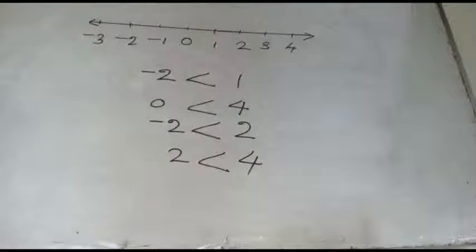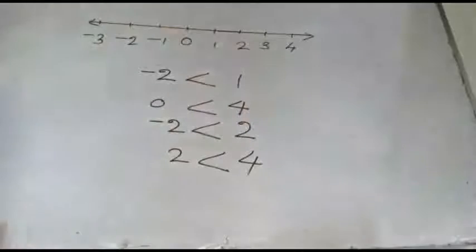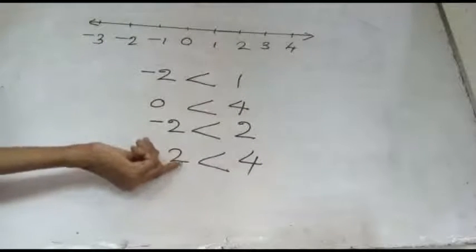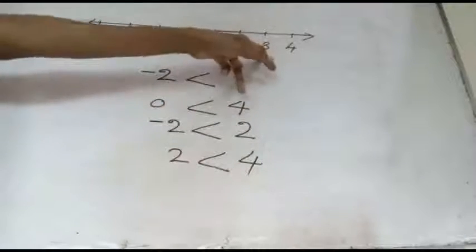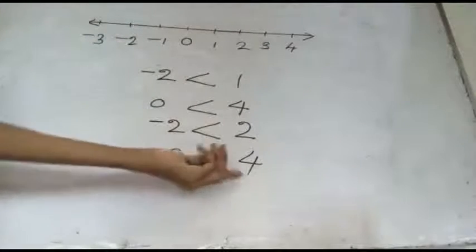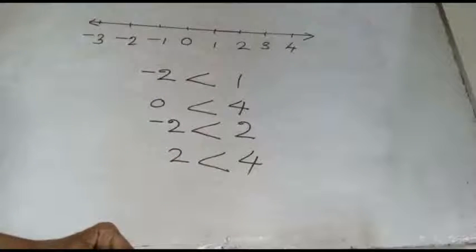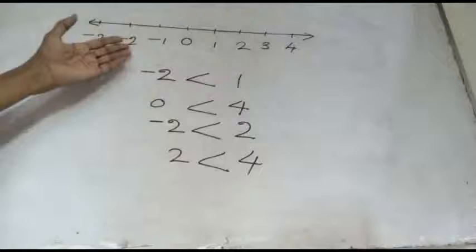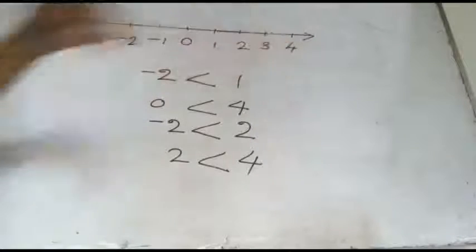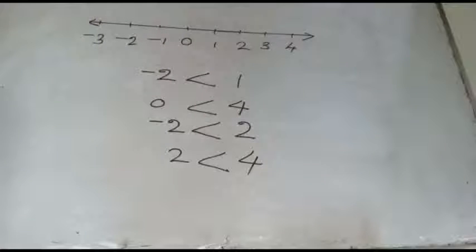When a number is to the left of another number on the number line, it is less than the number to the right. 2 is less than 4.